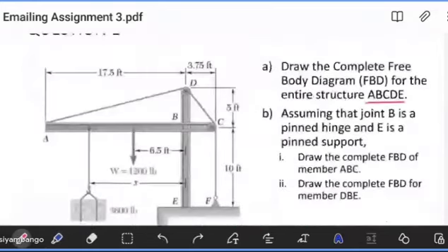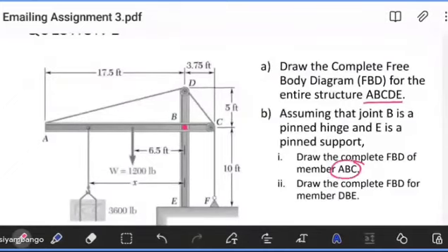But in part B, now look at what they're saying. Assume that the joint B is actually a pin. So assume that this is a pin connection, pinning ABC and DBE together. If that is a pin, what are they saying? Now they're saying draw a complete free body diagram for the member ABC.